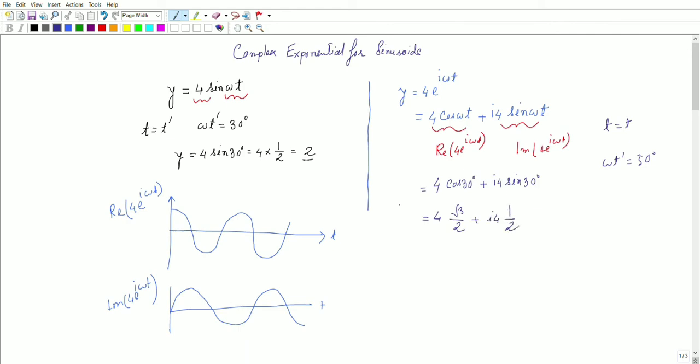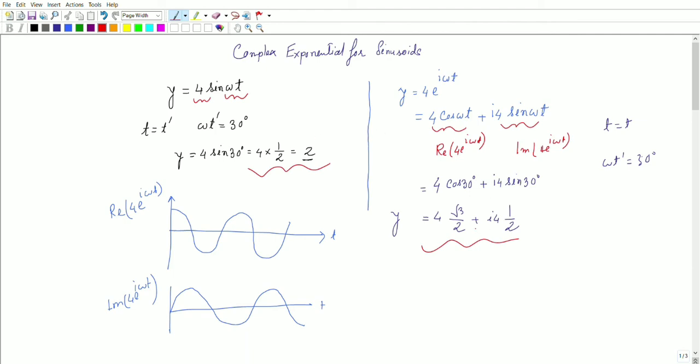This is the value of the complex exponential at that instant where the phase is 30 degrees. If you compare this term with the earlier term 2, in that 2 we have lost the information regarding the phase and the amplitude of the signal.